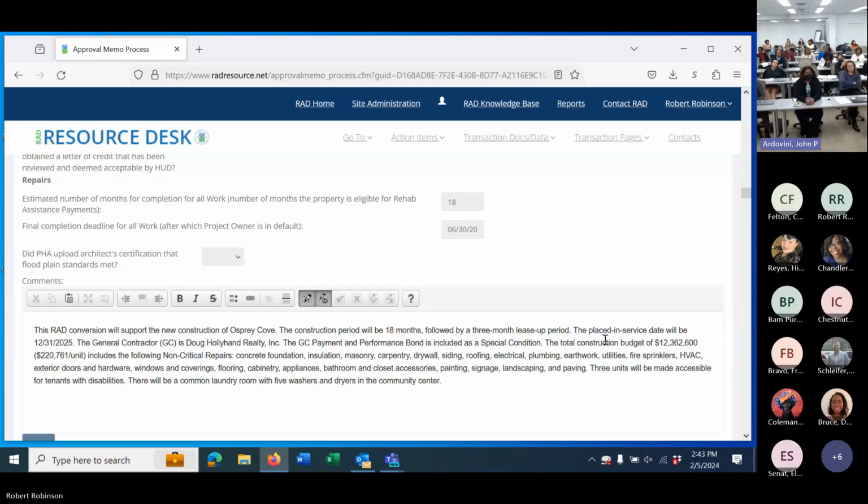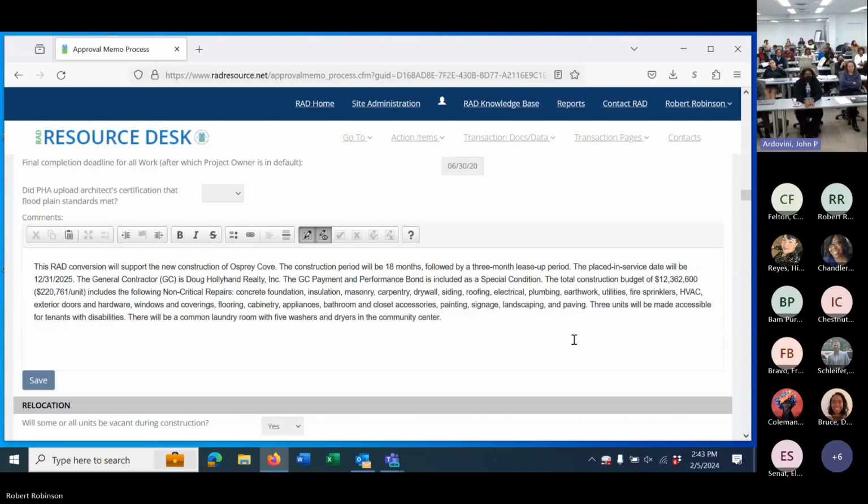So again, here, we have other questions with respect to the repairs. How much time we're providing the PHA to complete the work. And then we indicate what date we're showing as a deadline to have all the work completed. At that point, I would say you want to also capture a cogent description in here of what is being done.